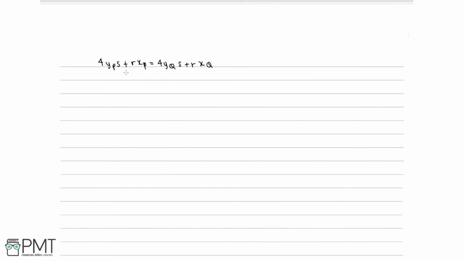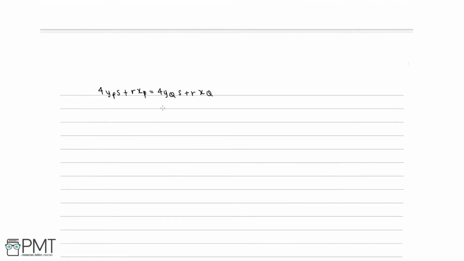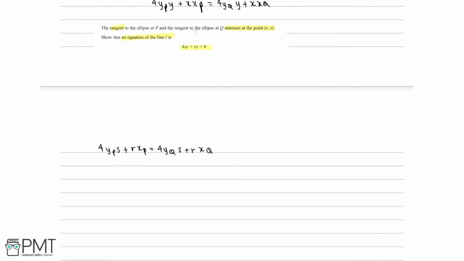Now let's observe what we have over here. We have a yp and an xp, and a yq and an xq. And we need to show that the equation of the line L is 4sy plus rx is equal to 4. Well, what do we need in order to calculate an equation for a line? Well, the general equation for a line can be written as y is equal to mx plus c. And we can find this by doing y minus y1 is equal to m multiplied by x minus x1.